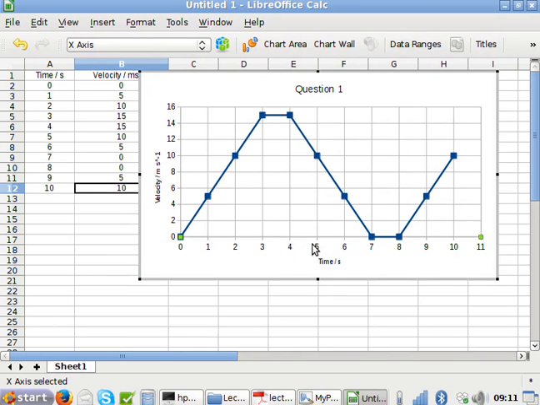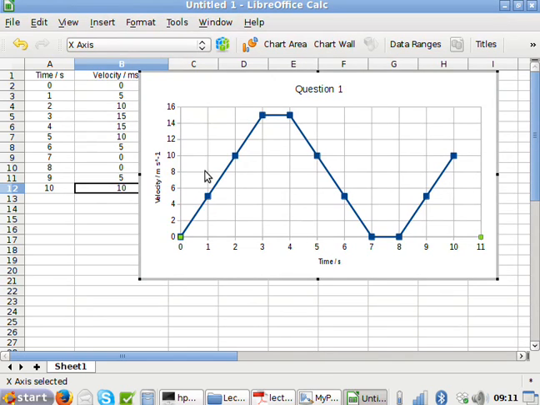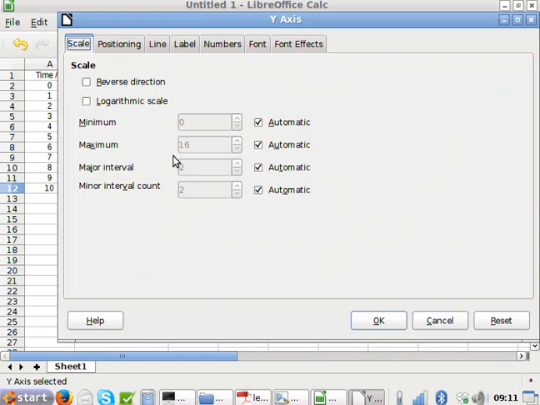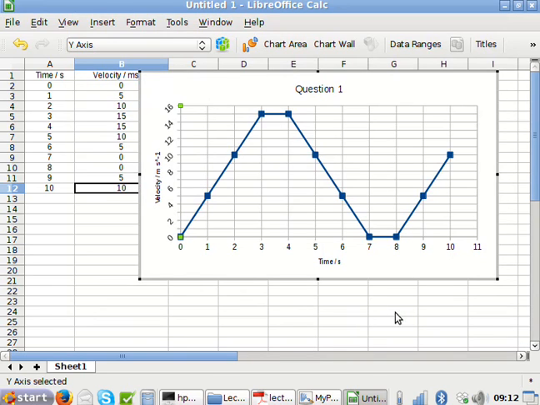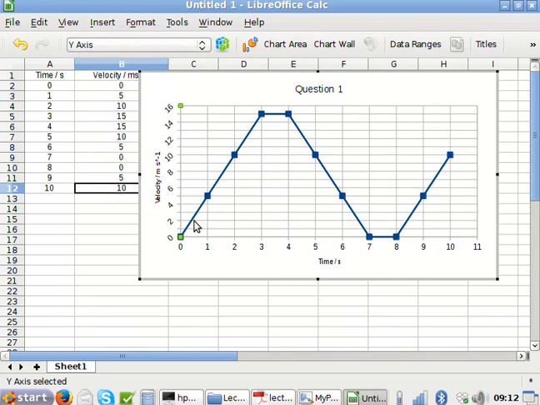How did I do it last time? What did I just do a moment ago? What button did I click? Data ranges, was it? Yeah, that's what I'm thinking. Oh, hang on. Double click the axis.